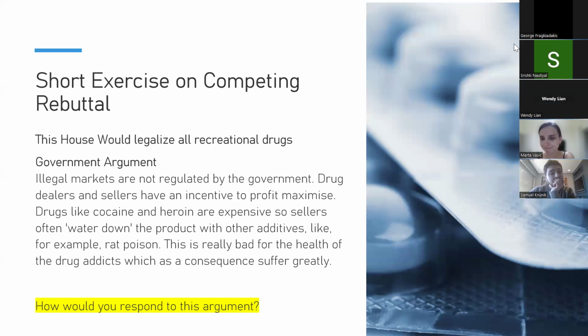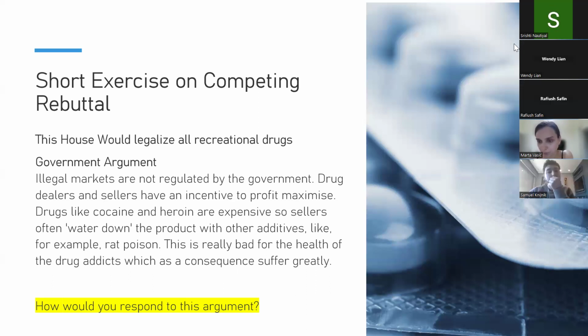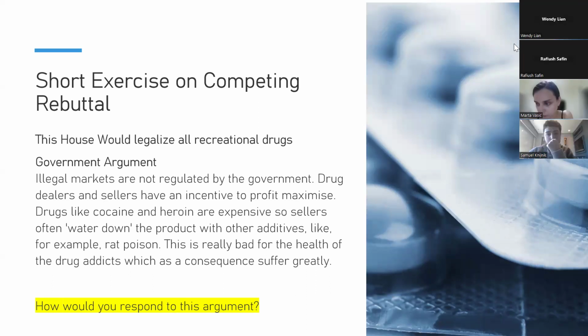Srishti, yep. It was building upon what Samuel said earlier, but a precondition to that rebuttal is that it's questioning the government's capability of regulating itself. Even if you legalize the drugs and you say the governments are now able to regulate it, if the government team doesn't show a mechanism for what that regulation looks like, then we can just say that regulation itself wouldn't be good.